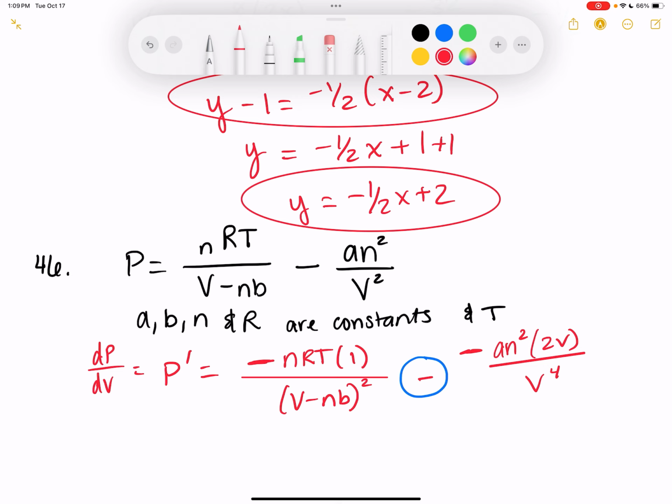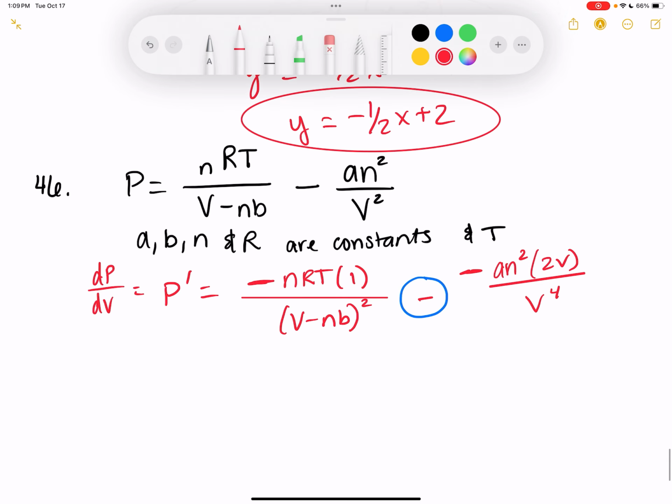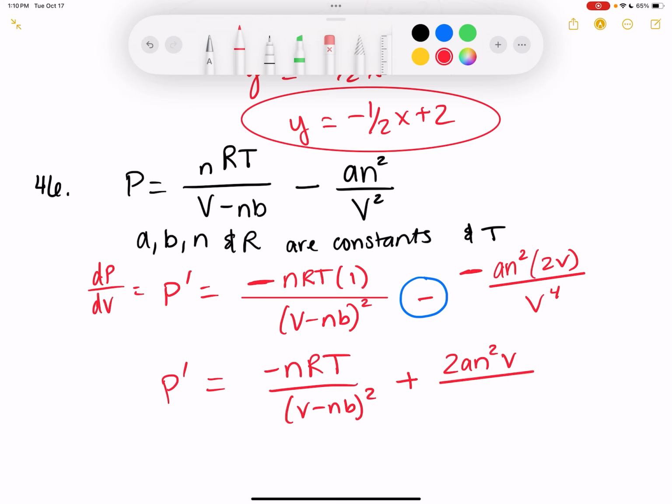Okay? So, to rewrite this to make it look a little prettier, negative nRT over v minus nb squared plus, and now I'm just going to write this as 2a n squared v because I like my letters in the right order, over v to the fourth. Now, what else can I do?